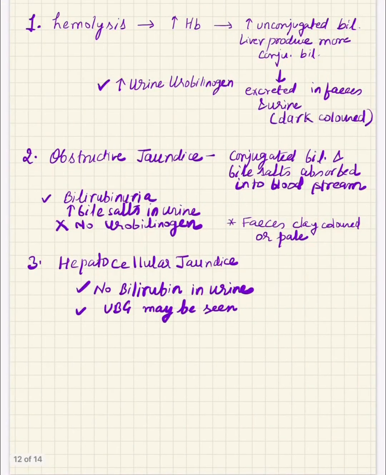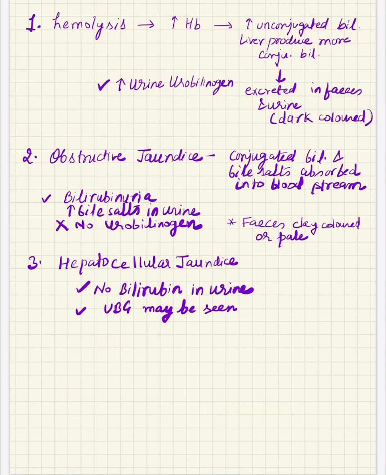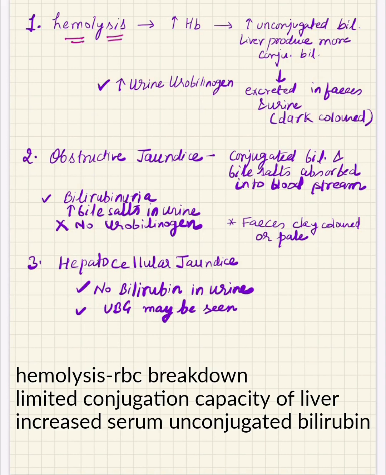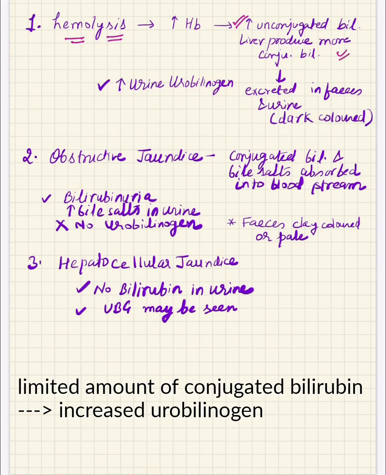And there are a few important concepts which come after we analyze this metabolism. First, in prehepatic jaundice, that is when there is increased hemolysis, the RBCs are breaking down in large numbers, but the liver is not able to conjugate all that bilirubin. So the unconjugated bilirubin will rise in the blood, and the liver will produce conjugated bilirubin to compensate for all the unconjugated bilirubin that is reaching the liver.